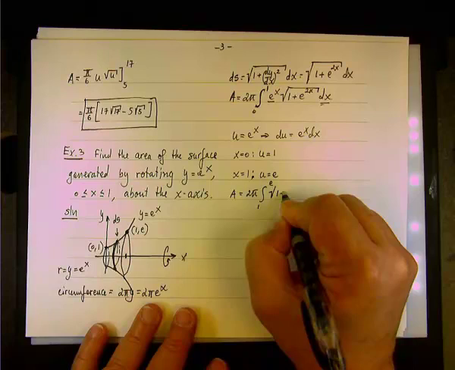As you'll see later on, we don't have to worry about it at all. So we have 2 pi, the integral from theta 1 to theta 2 of secant cubed theta d theta, which we looked at yesterday, if you remember.